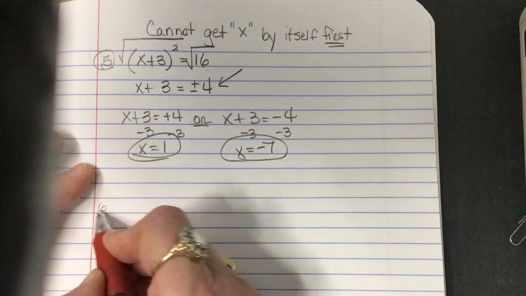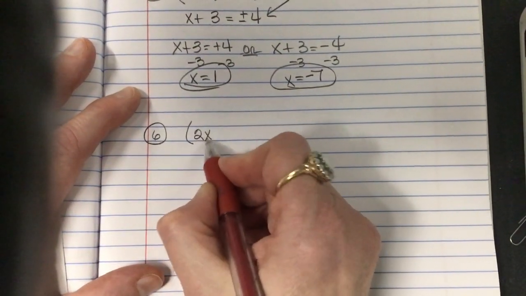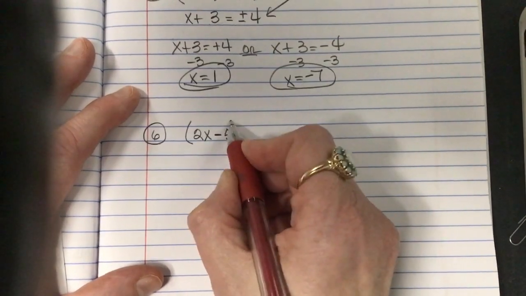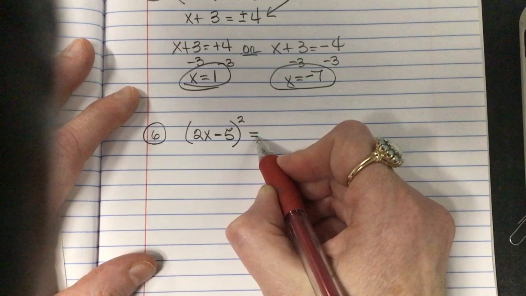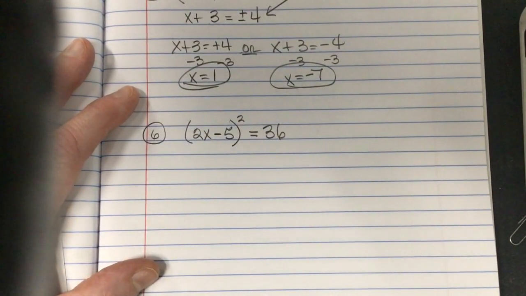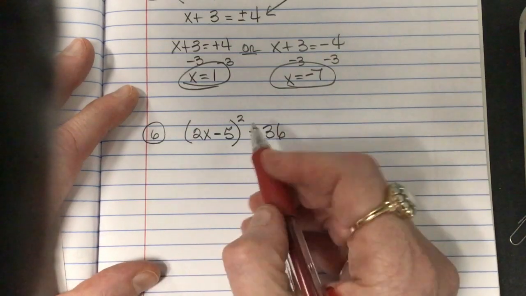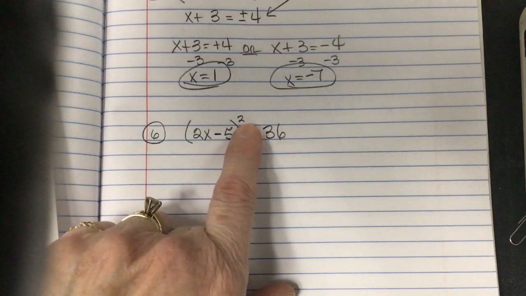Now let's do one more, and we'll be through. Let's do parentheses 2x minus 5, close parentheses, squared, equals 36. When the squared is on the outside of the package, you've got to get rid of it first.